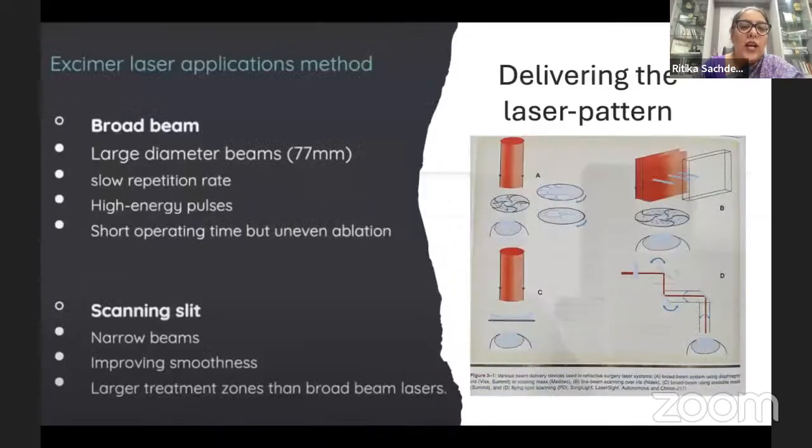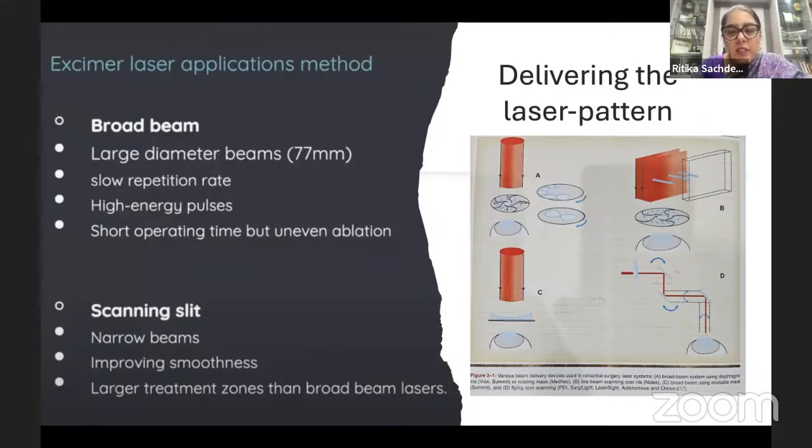But before we could do that, the Excimer laser itself had to evolve. This is just a short representation of the evolution of the Excimer laser, because without this, the wavefront correction would not have come in. So the earliest Excimer lasers used a very broad beam, large diameter Excimer beam.